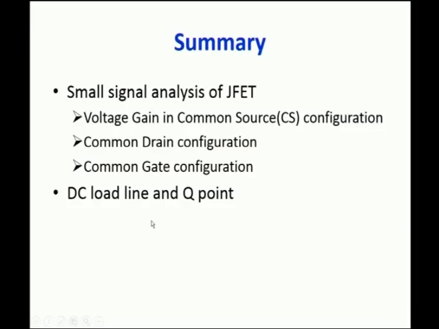We have taken an equation in the common source configuration of FET in the output characteristics, by which we have drawn the DC load line on the output characteristics, and we have located the Q point on the DC load line according to the requirement. If it is a class A amplifier, you have to locate it in the middle of the DC load line, and similarly for all other class amplifiers.